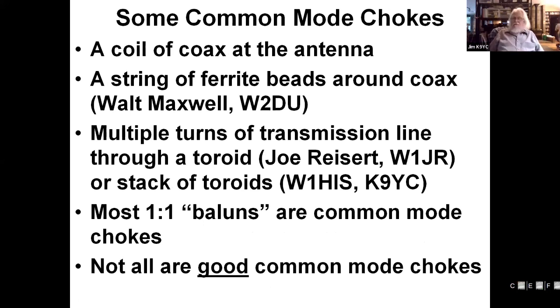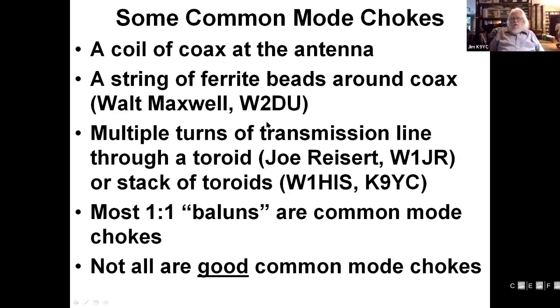Some history of common mode chokes: was a coil of coax at the antenna. Terrible choke. A string of ferrite beads around coax that Walt Maxwell developed. His was a very good choke. And the only shortcoming of it, that the ones that were built and sold were really poor implementations of his design.